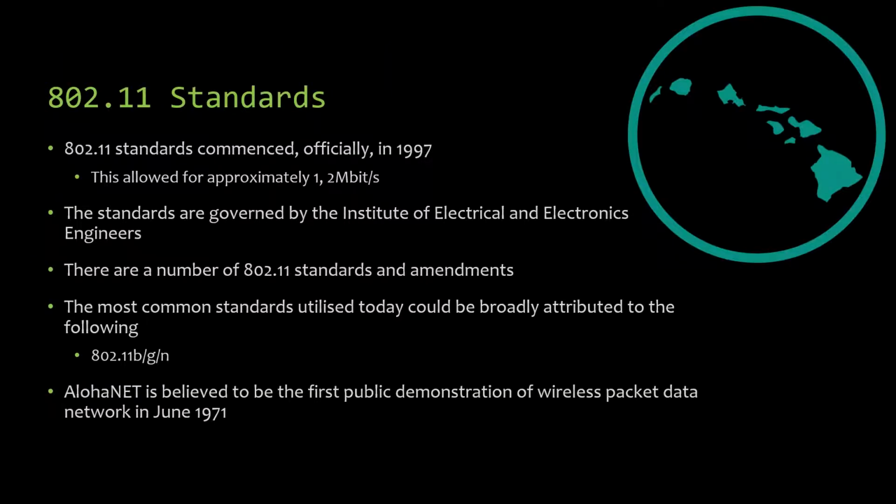Now, moving along, we can see that there are a range of different standards, and we will get to them next. But 802.11 is a standard which was officially commissioned in 1997, and believe it or not, at that very point in time, the transfer rate or speed was about 1 to 2 megabits. Now, these standards are governed by the Institute of Electrical and Electronics Engineers, and there are a number of standards and a number of amendments to these standards over the past 20 years.